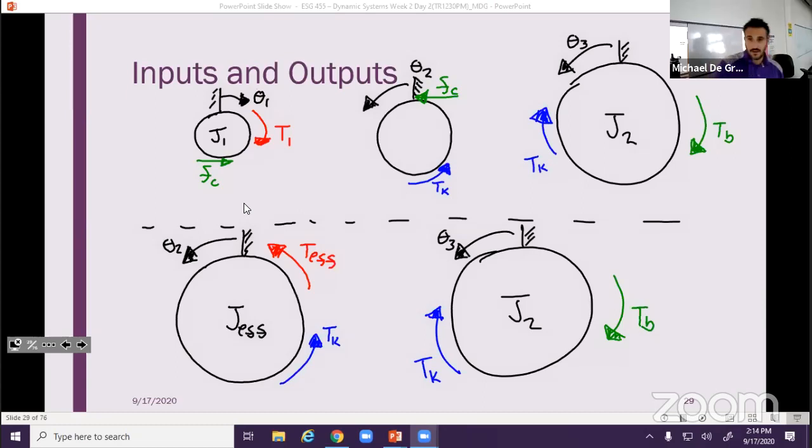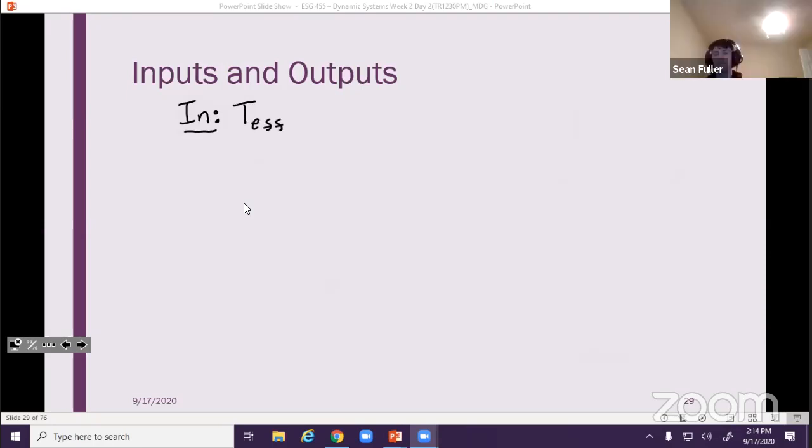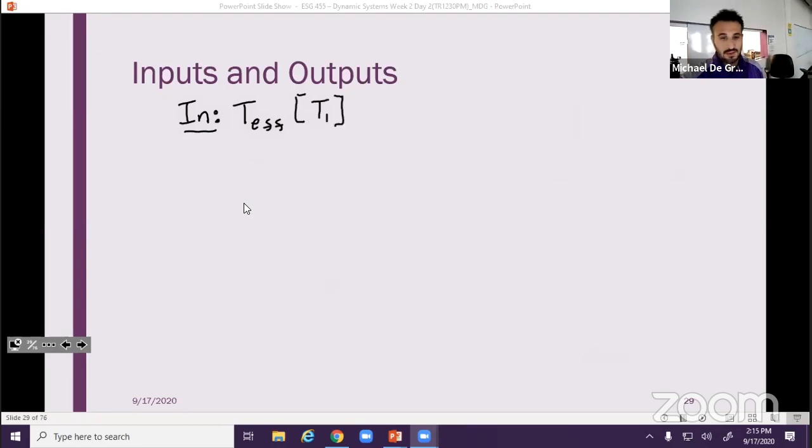This is more something for much more complex systems. So I'm going to say that my input is T, we'll call it T effective in this case, and in parentheses I will put T1. It's obviously T1 that is driving the system, but in the model that we've made, T effective is driving everything.